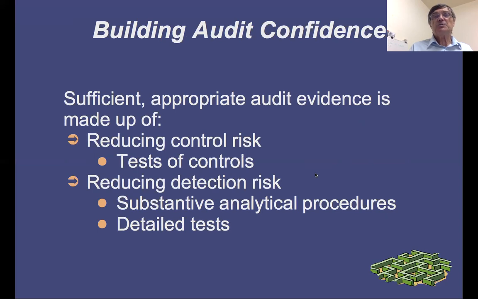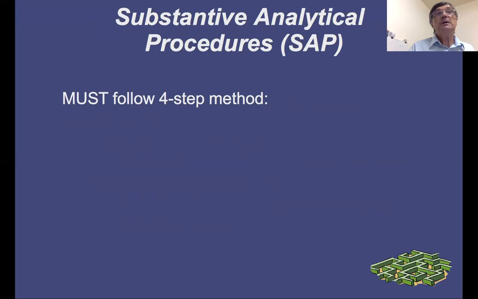Last year it was 21.5%. That's pretty reasonable. That's what I expected. And give it a tick. I've done my substantive analytical procedure. Cannot do it that way any longer. We now have to follow the 4-step method. And the regulators, I promise you, know about this. Your practice reviewer almost certainly is looking for this.